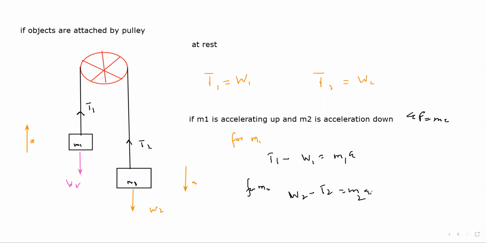Is this equation clear? So according to the scenario, you have to make the equation. It can be that M2 accelerates up or M1 accelerates down. And just substitute the values. I did not use the values here. I'm just using variables to show how you will form an equation.